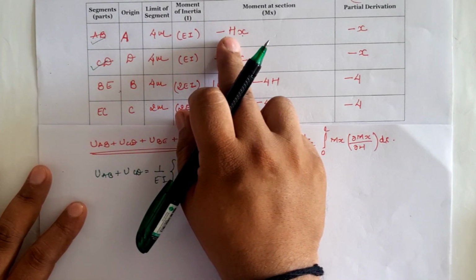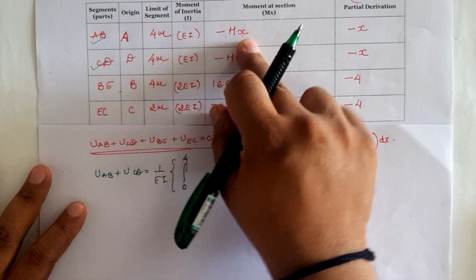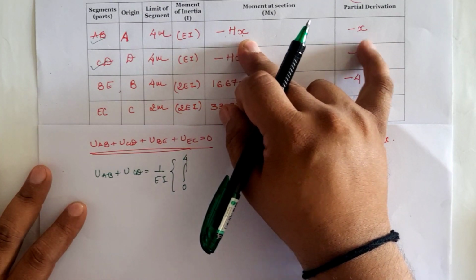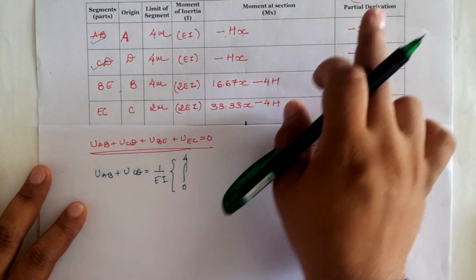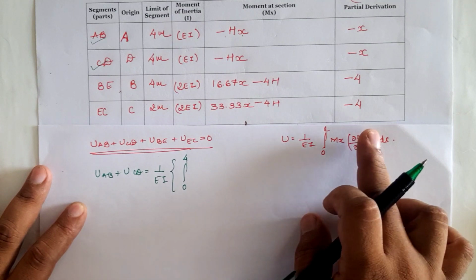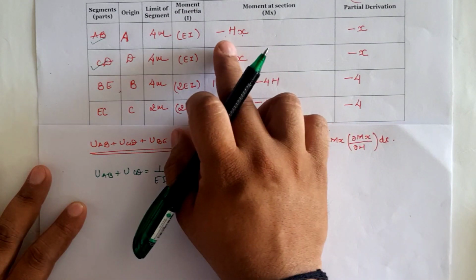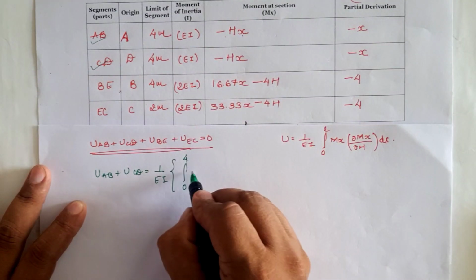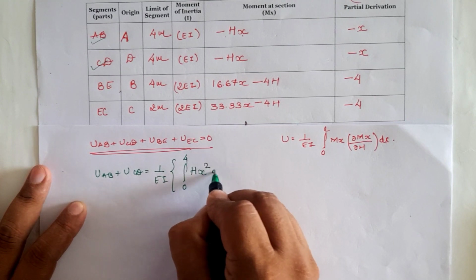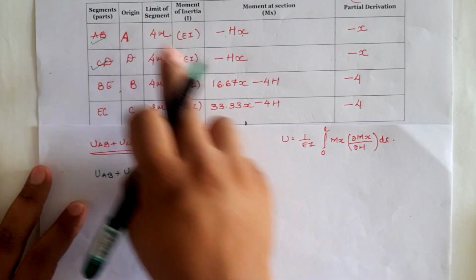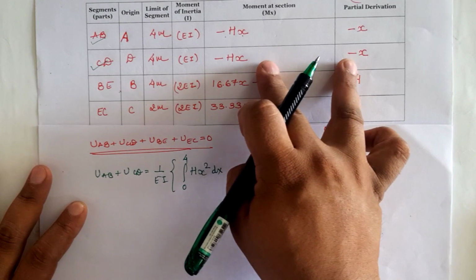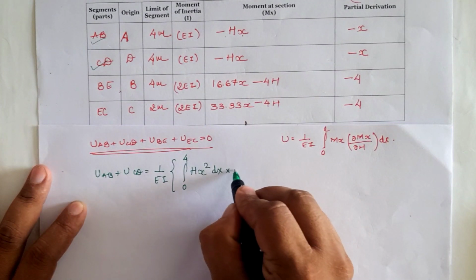The moment of section is minus Hx and the partial derivation is minus x. So the multiplication of the moment with the partial derivation, Mx into del Mx by del H, is minus Hx into minus x, which is Hx square dx for the A to B span, and for the C to D span both terms are equal, hence it is multiplied by 2.